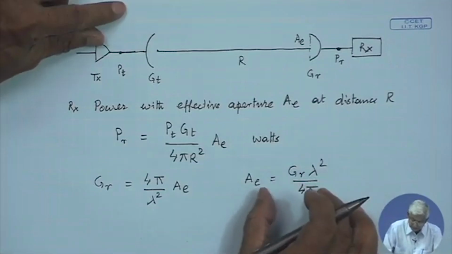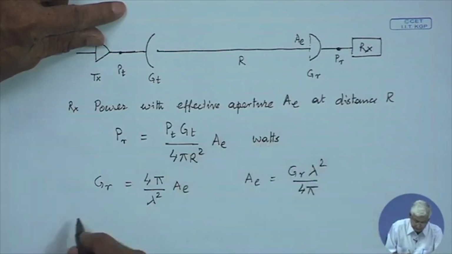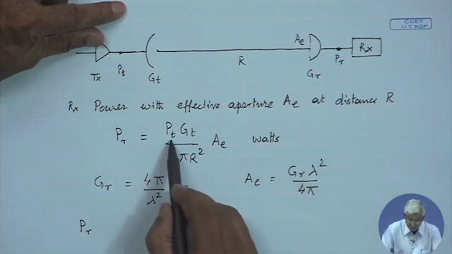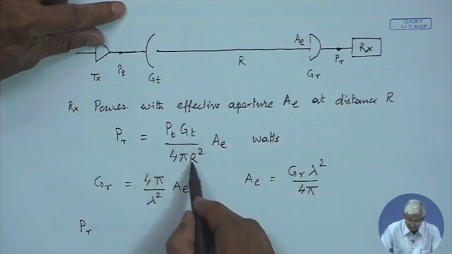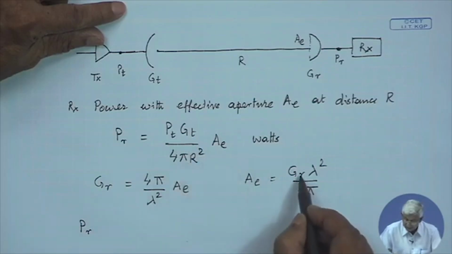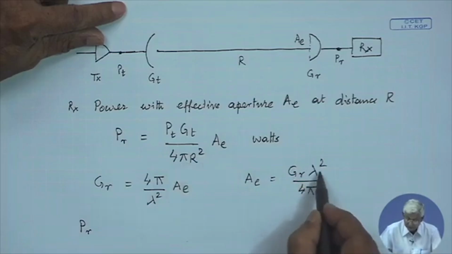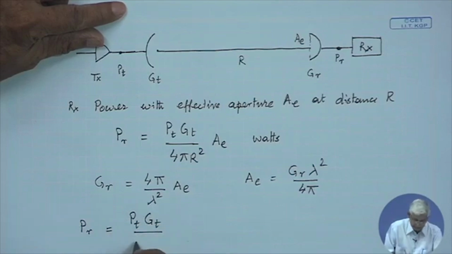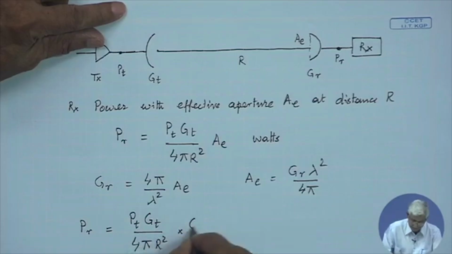If we put this expression here, the received power comes in terms of transmit power, transmit antenna gain, the distance, the receive antenna gain, and the wavelength at which it is being transmitted. So, it can be expressed as PT into GT by 4 pi r square into GR lambda square by 4 pi.